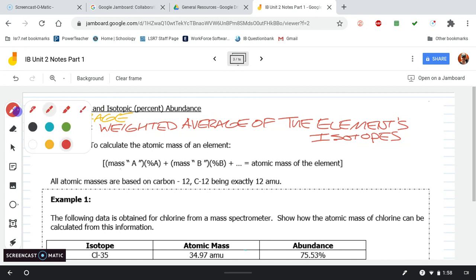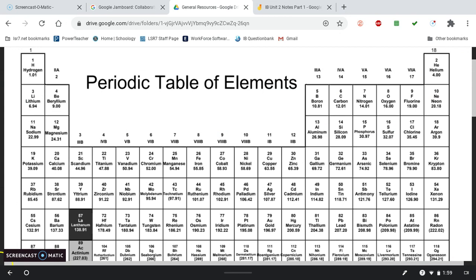So what is that? It is a weighted average of an element's isotopes. So elements have isotopes, right? So carbon can weigh 12 or 13 or 14. But when you look on the periodic table, the number is a decimal. So 12.01 right there for carbon. Cobalt is 58.93. So it's a decimal.